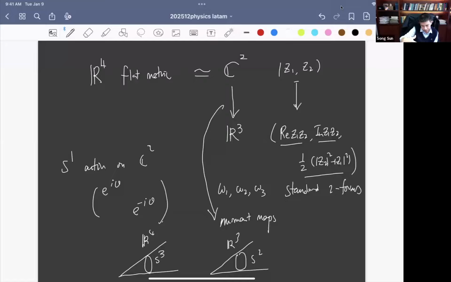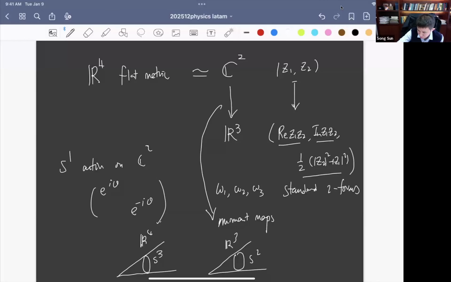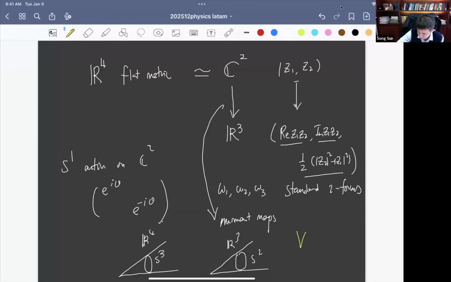Each fiber is just a map from S3 to S2. That's the Hopf fibration. This is a map from R4 to R3, just a cone over the Hopf fibration. You can write this in terms of the Gibbons-Hawking ansatz, and V is exactly 1 over 2r.